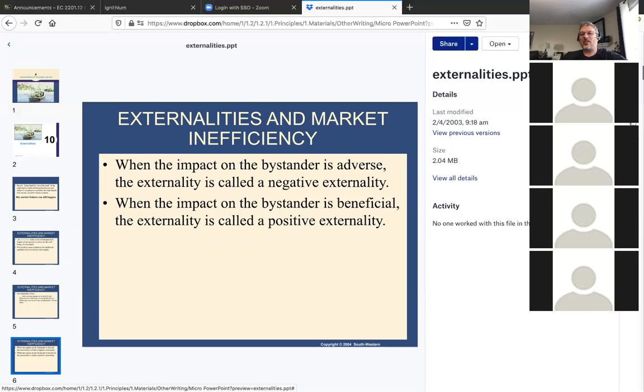Now, what's also counterintuitive is that from an economic perspective, since efficiency is the goal, neither negative nor positive externalities help with efficiency. They both cause inefficiencies.